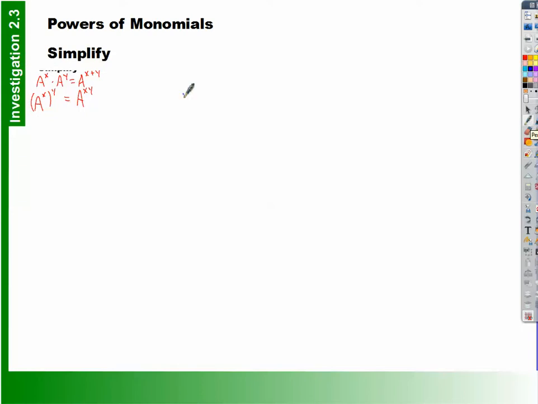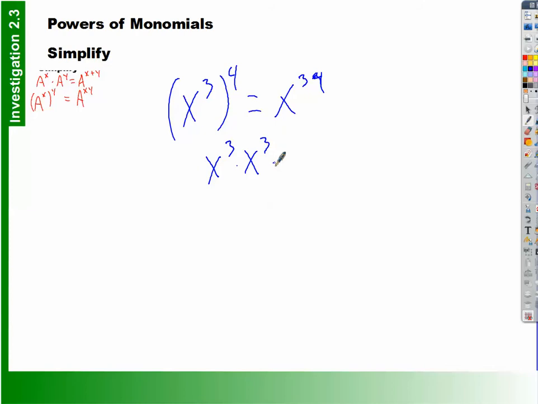Let's say I have x to the 3rd taken to the 4th power. Well, we're using our second rule, right? A to the x to the y power. When you have a monomial to a power, what are you going to do with the exponents? You said x to the 3rd times x to the 3rd times x to the 3rd times x to the 3rd.